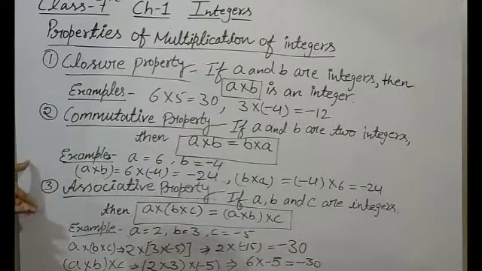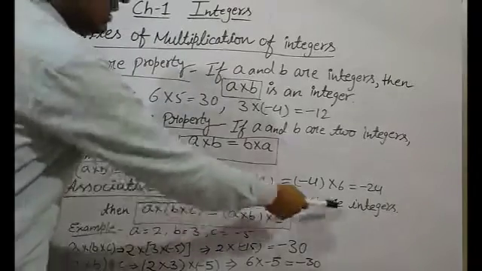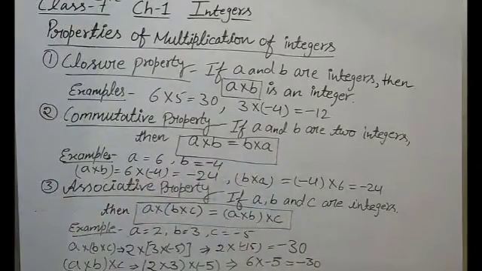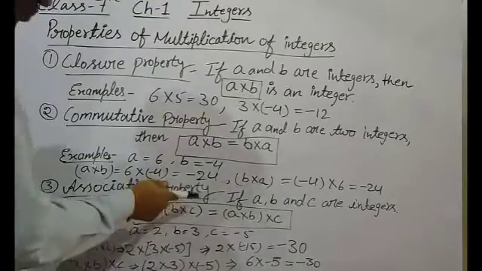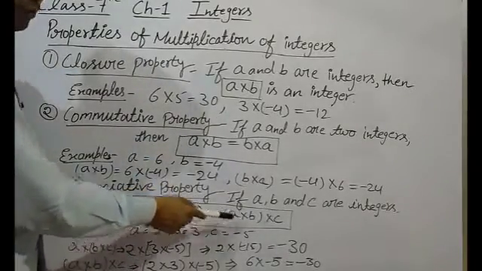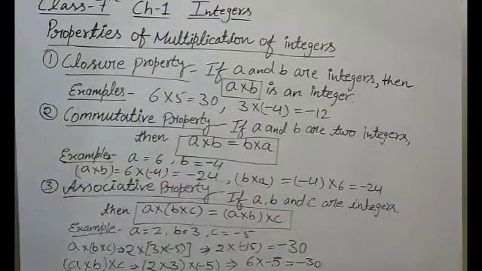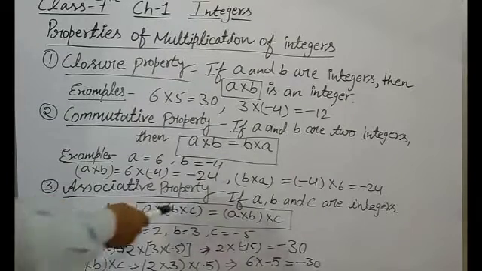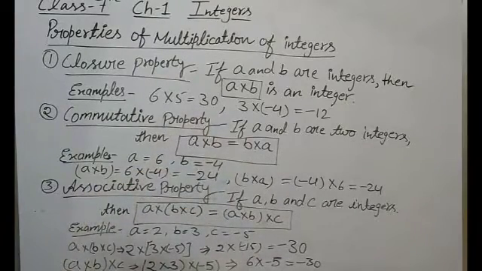And the third is associative property. If a, b and c are integers, then a multiply b into c is equal to a multiply b into c, grouped either way. It means there are three different integers and we can multiply any two integers first, then multiply the third integer.